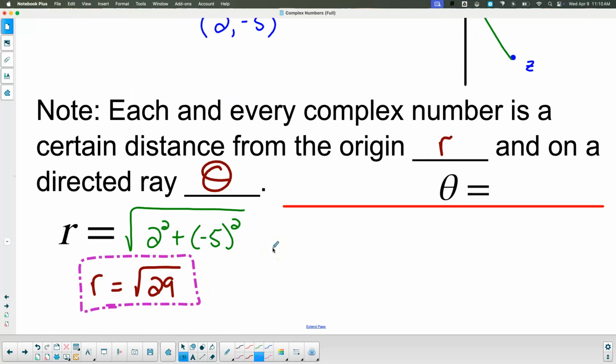So that would be theta prime. And theta prime is going to be what? Inverse tangent of 5 over 2. Again, remembering that we drop the negative signs. Okay. What do we get for a reference angle there, rounded to 3 decimal places?